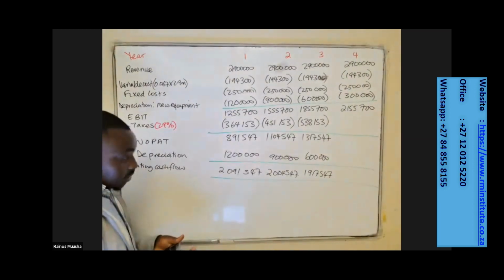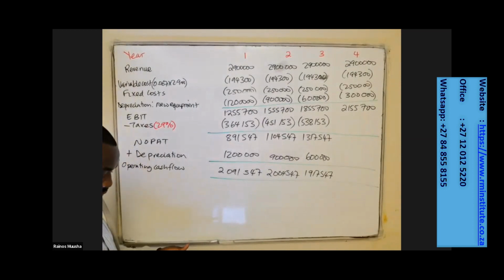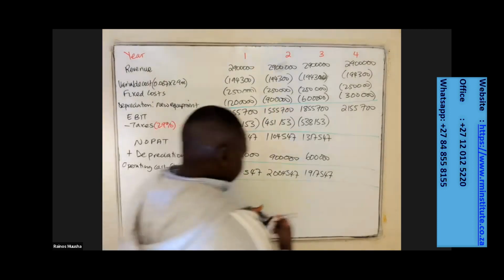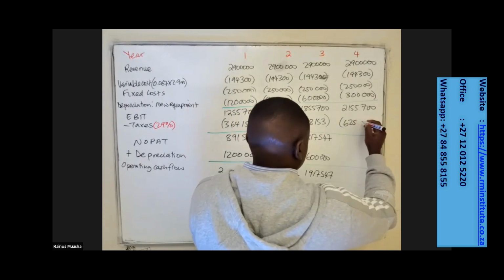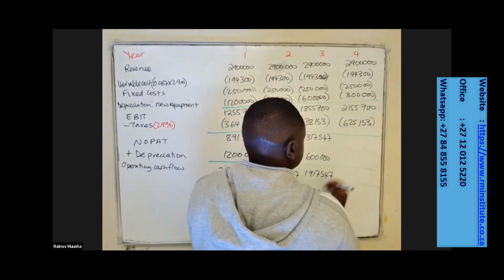If your taxes are 29%, this should give you 625,153 in taxes.